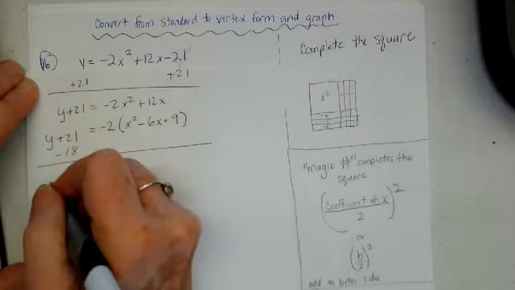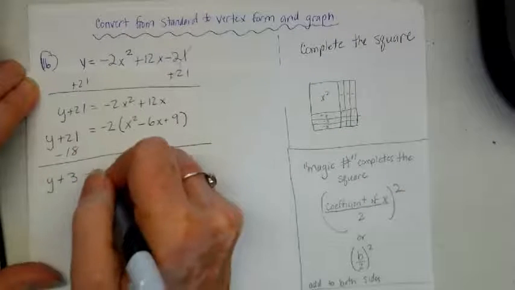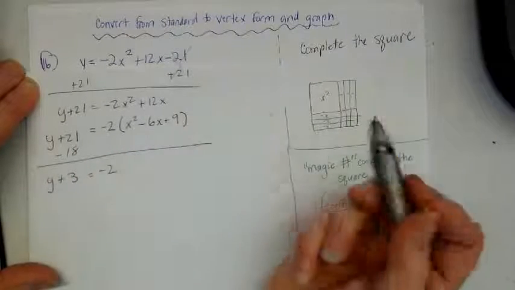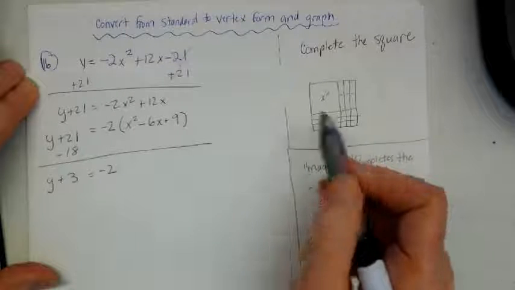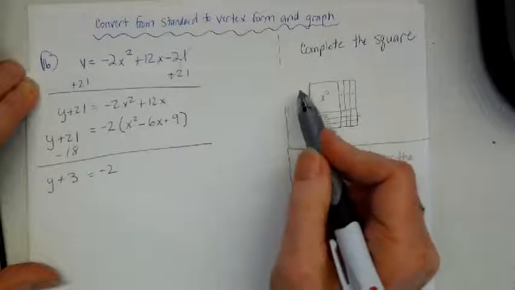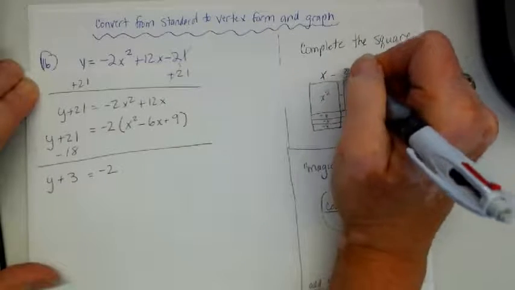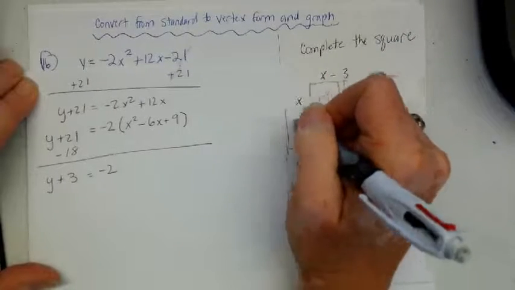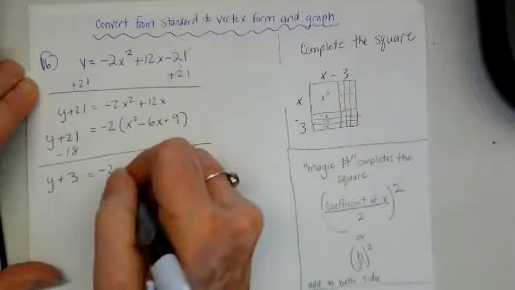Okay, so just subtract those. And then I'm going to rewrite this as a perfect square trinomial. I know that 9 is what it took to complete the square, and I know that now I can just say this is x minus 3 and x minus 3. So it's x minus 3 squared.